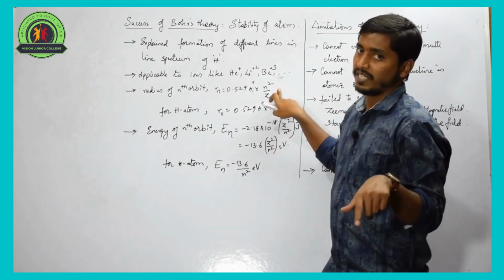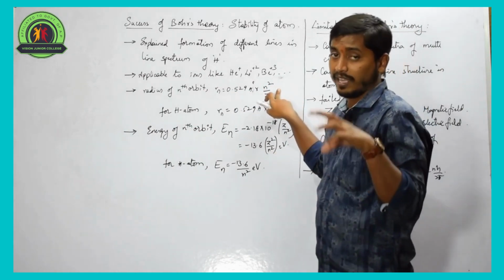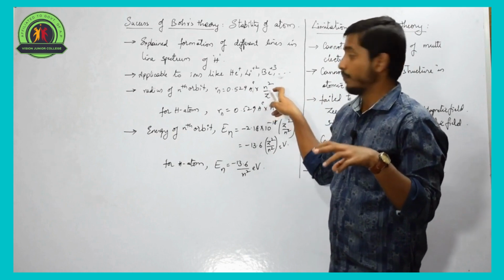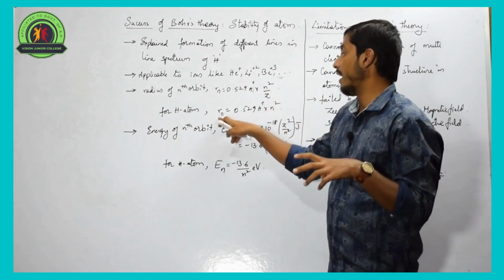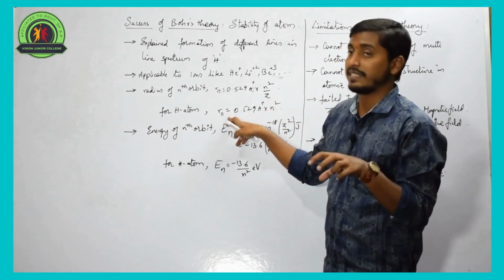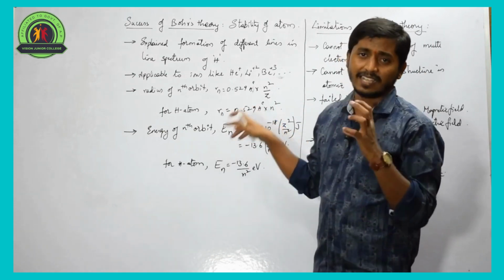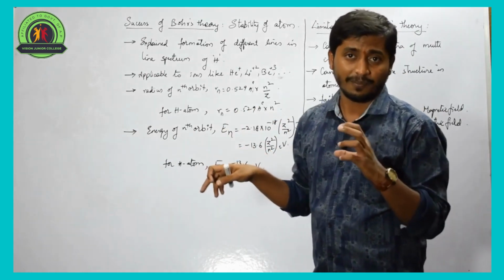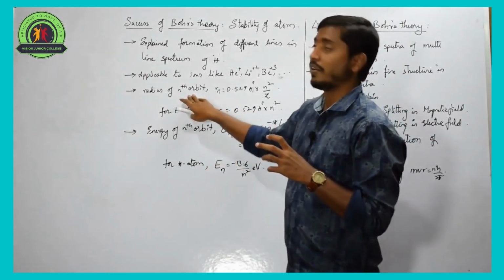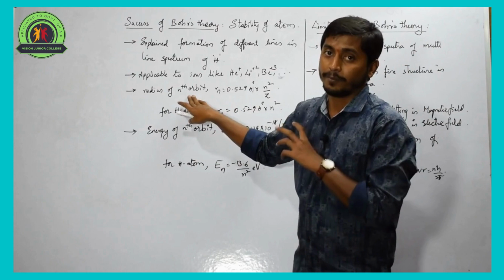For example, if an electron is in the first orbit and it is in the neutral state, then I can directly write that the radius of a hydrogen atom in the neutral state is always 0.529 angstrom, that is the actual size of a hydrogen atom, right. This is the general formula for the radius of the nth orbit. Is it clear?